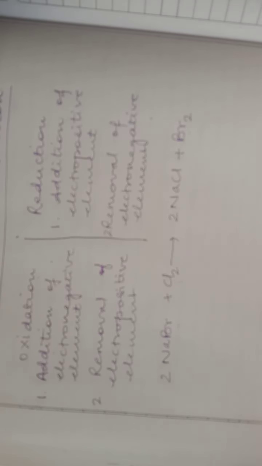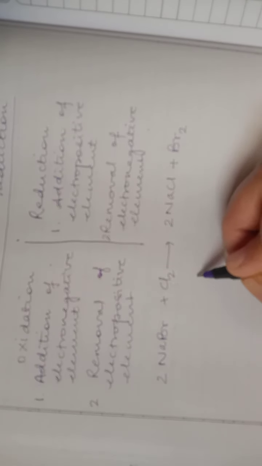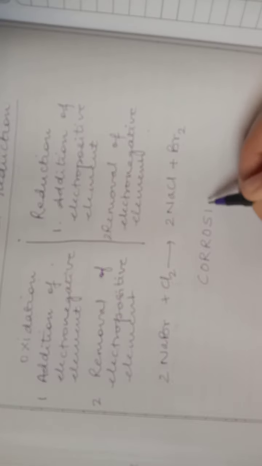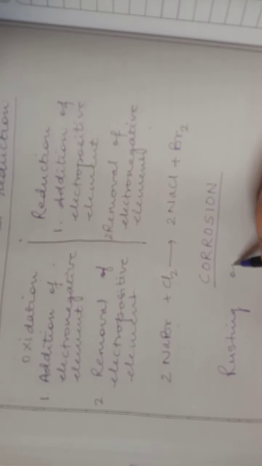Now we move on to our next topic, and that is corrosion. As you have studied in lower classes, in class 6 or class 7, you came across the word rusting of iron.